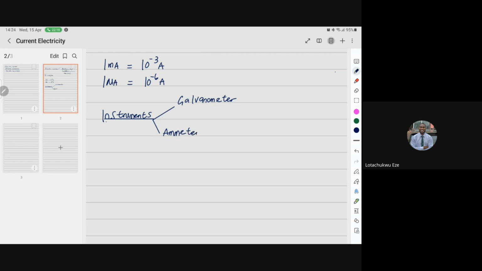The ammeter measures the exact amount of current flowing in the circuit.